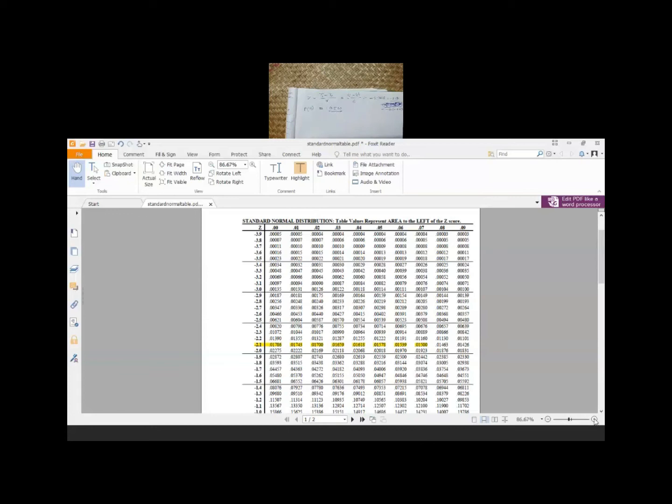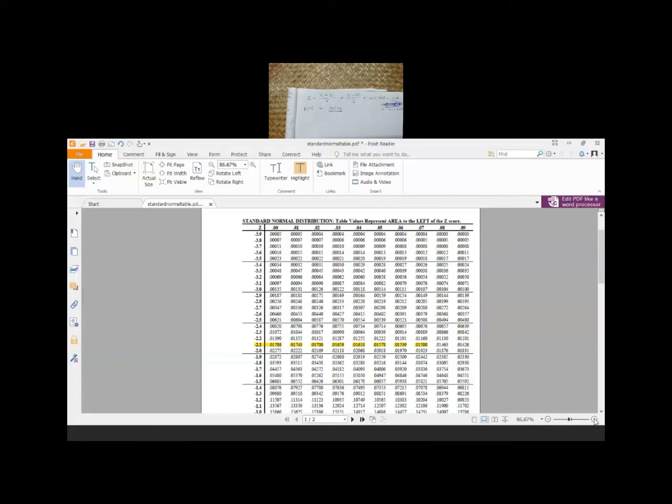Okay, is it clear now why we have highlighted this row? Yes, sir. Now our job is to find 0.07 from the top. You see on the top there is 0.00, 0.01, 0.02, 0.03, 0.04, 0.05, 0.06, then 0.07.